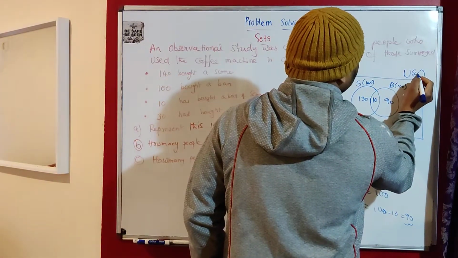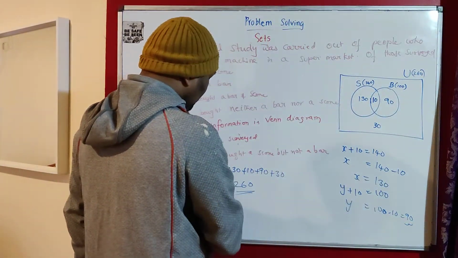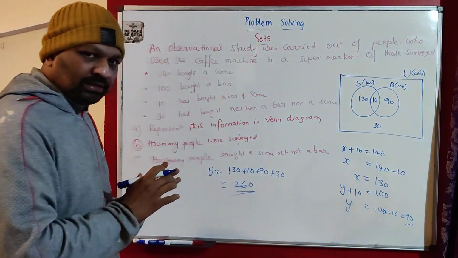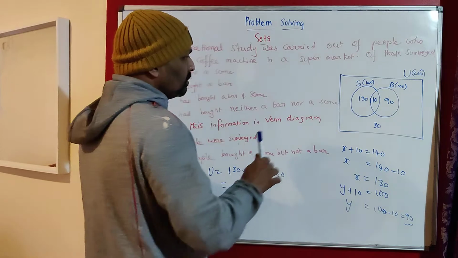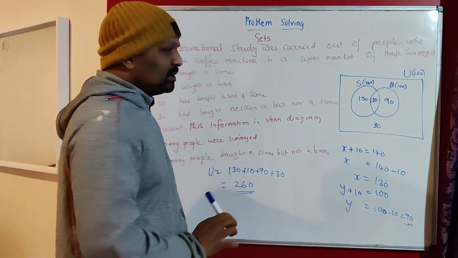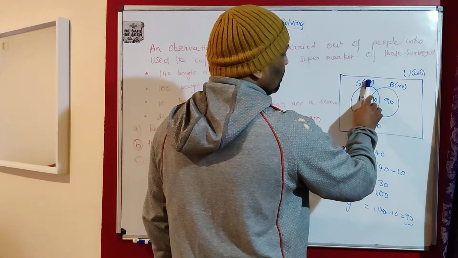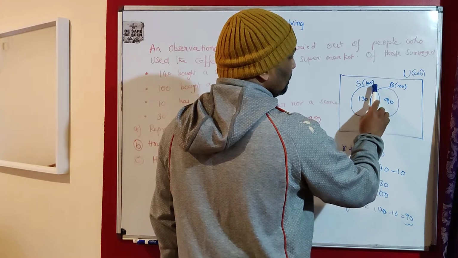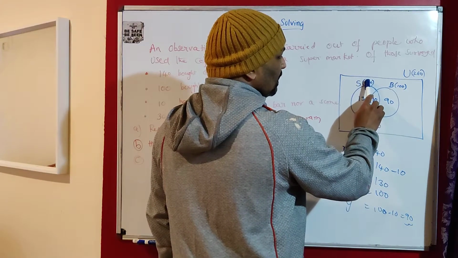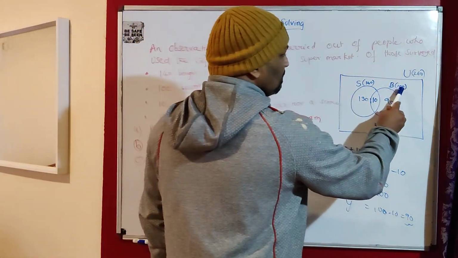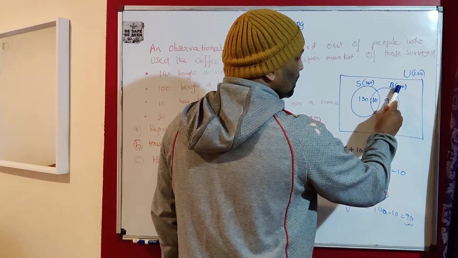Again, while you're calculating the total number of elements in the universal set, do not consider the numbers here and here, because they don't give clear information. Some of the 140 people may be here, some might be here. Some of the people in 140 also purchased a bar, and some of the people in 100 also purchased a scone.